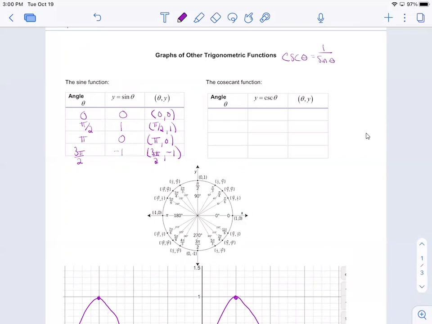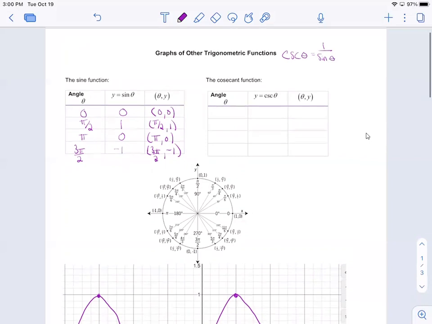What we're going to do here is keep our angles, our inputs, the same. So I'm still going to put in 0, pi over 2, pi, and 3 pi over 2. The difference is our output will be the reciprocal of what sine had. Let me write these all as fractions.